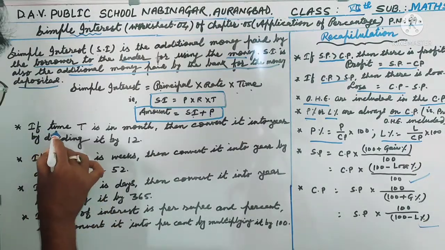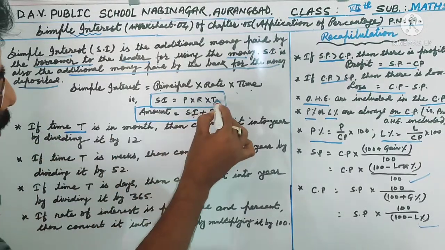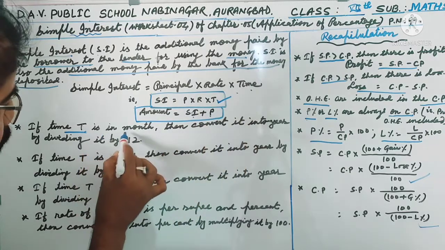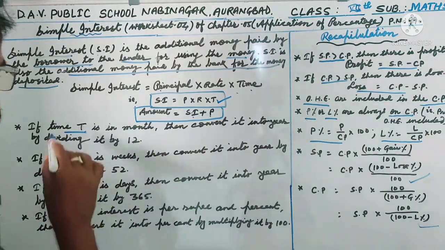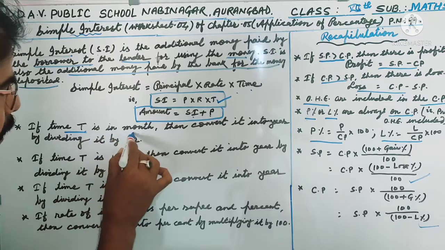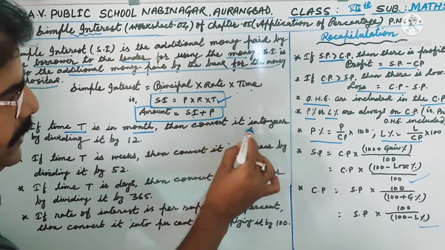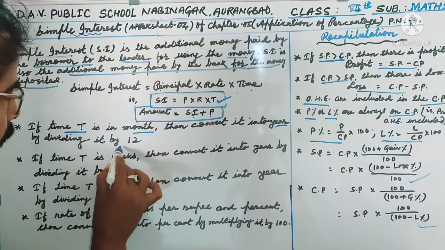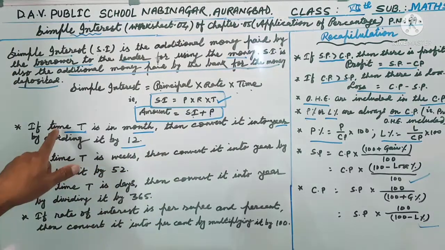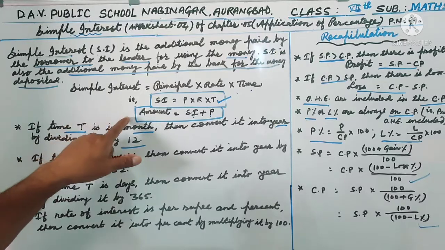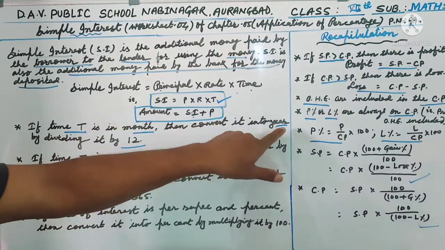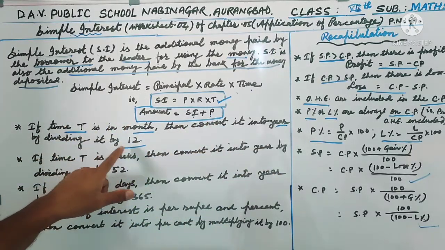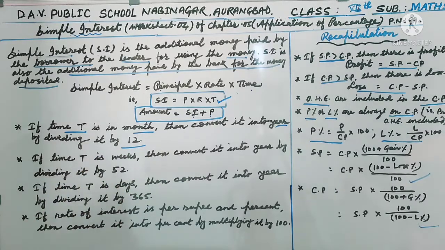If time T is in months, then convert it into years by dividing it by 12.